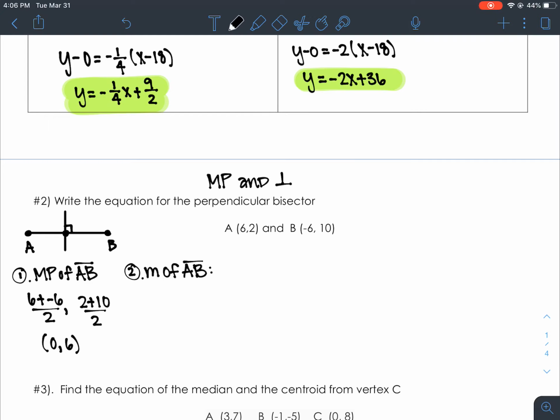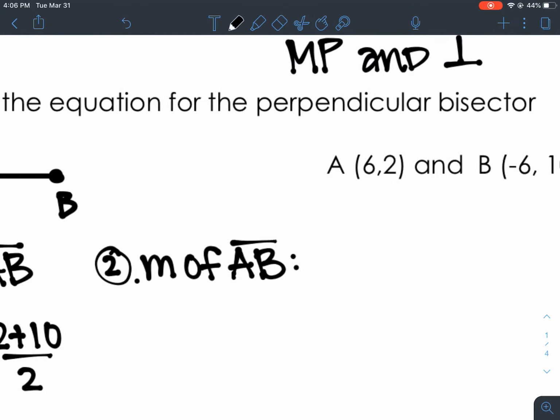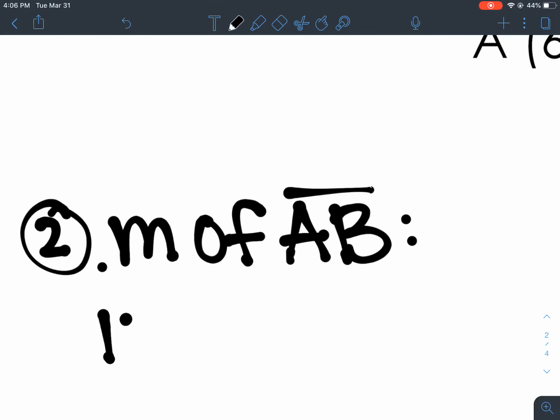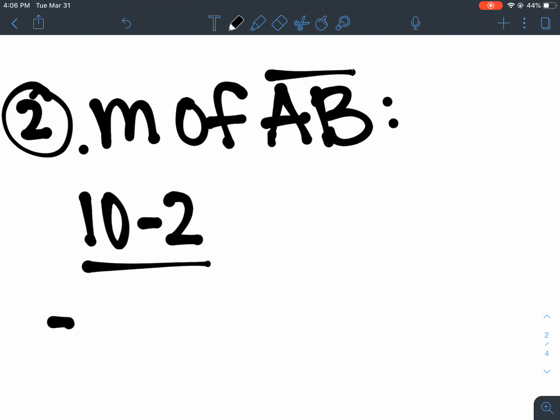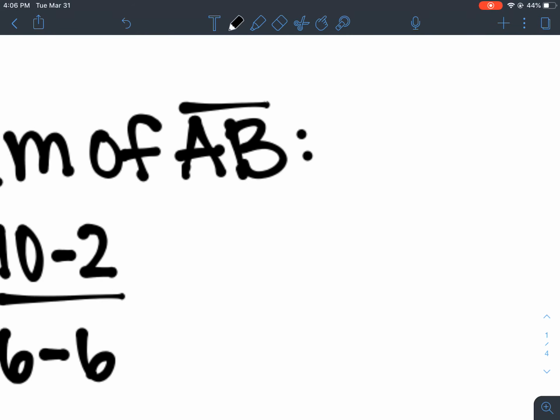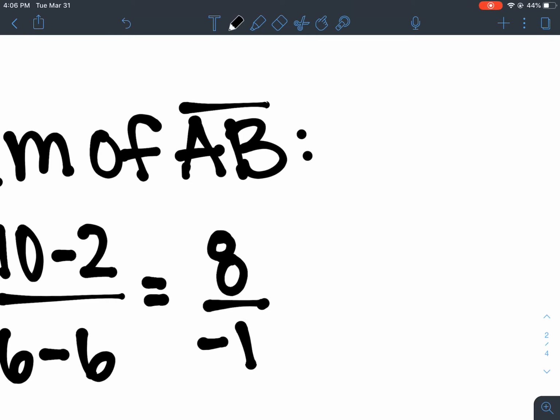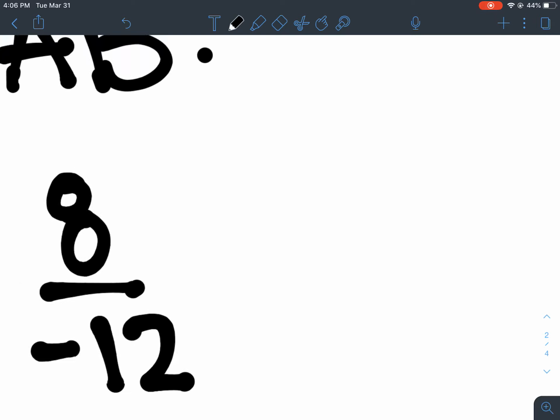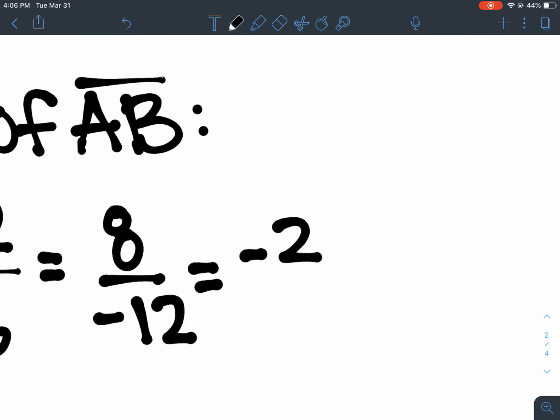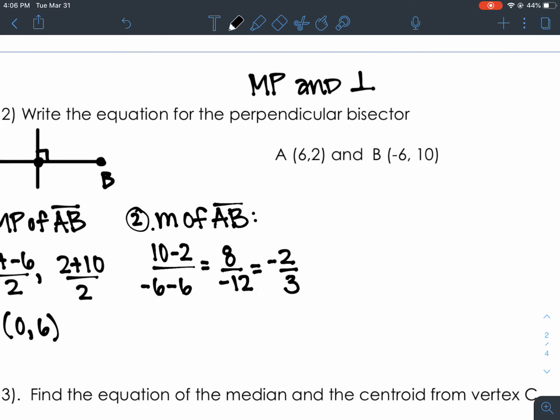Finding the slope of AB, we're going to do 10 minus 2 all over -6 minus 6, which turns into 8 over -12, which reduces into -2/3.